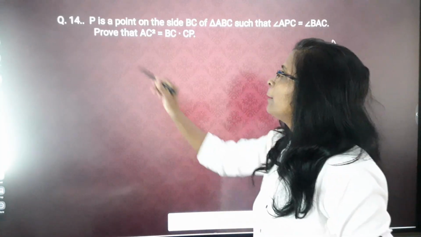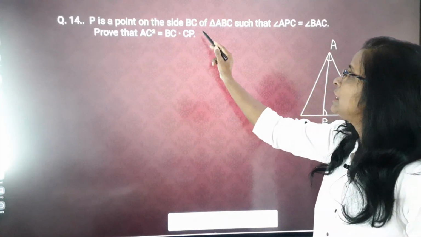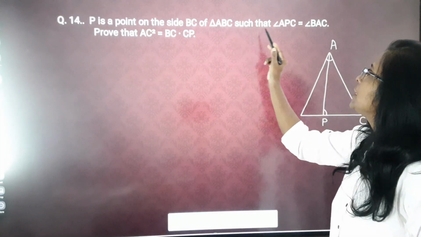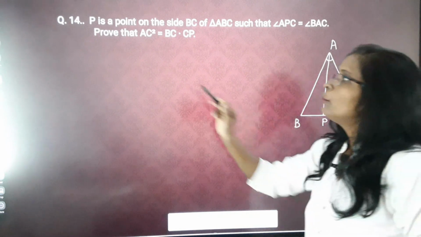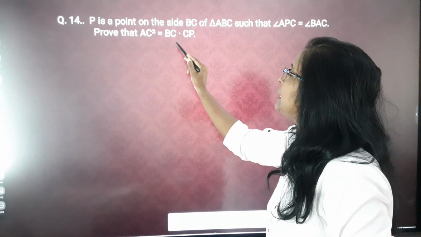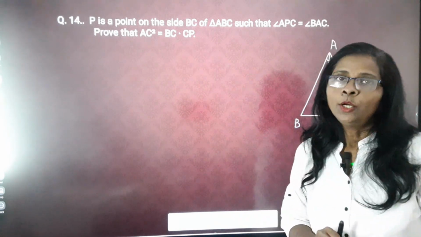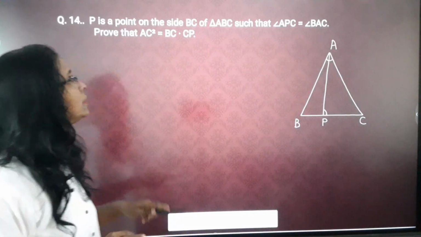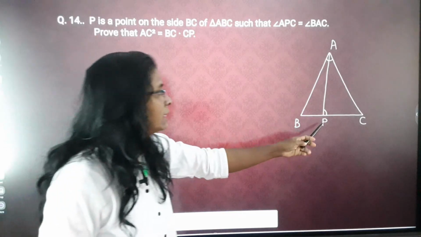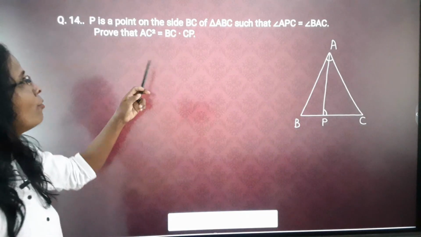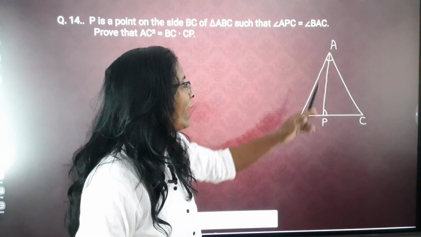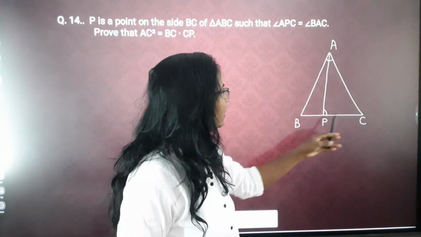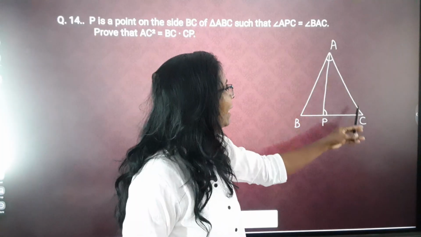Question, students. P is a point on the side BC of triangle ABC such that angle APC is equal to angle BAC. Prove that AC square is equal to BC multiply CP. First we observe the figure: P is any point on BC. Given that angle APC is congruent to angle BAC.